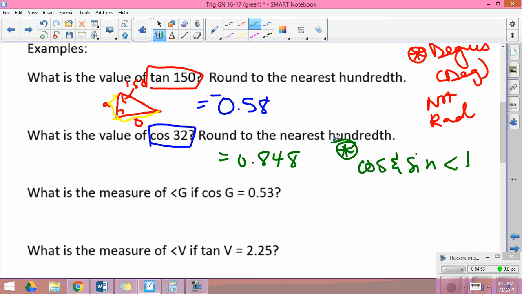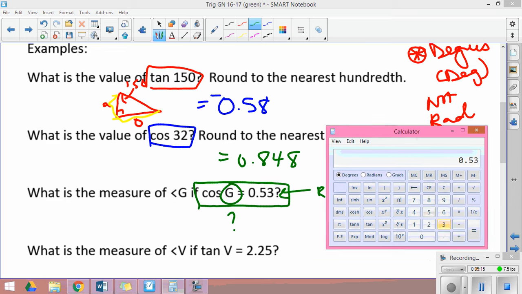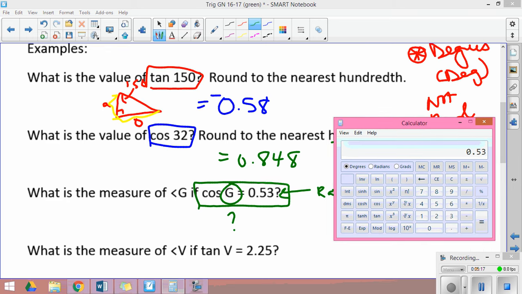So this is where the inverse comes in. In this problem, I know the ratio already. This is the ratio of their sides, and I don't know what the angle is. So I go to my calculator and enter 0.53, and then I do inverse, cosine minus 1, and this is a 58-degree angle.